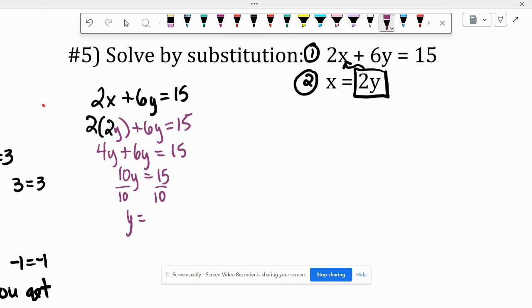Now, it's important to keep your answers as fractions, especially when you could potentially get a decimal answer. This is a nice decimal answer. It doesn't repeat itself. But if you were to take 15 divided by 10 in your calculator, how would you turn that answer back into a fraction? I would want a mixed number or one fraction. Everybody pick up your calculator and do 15 divided by 10.